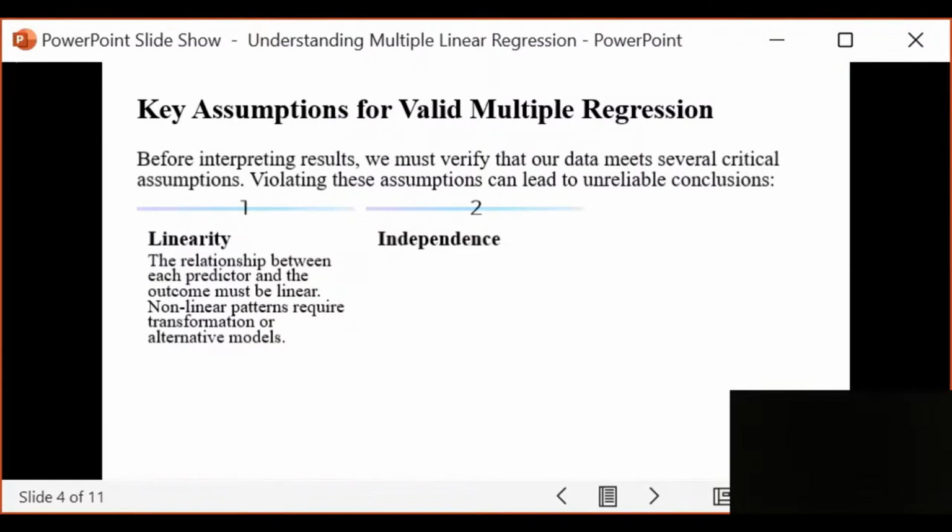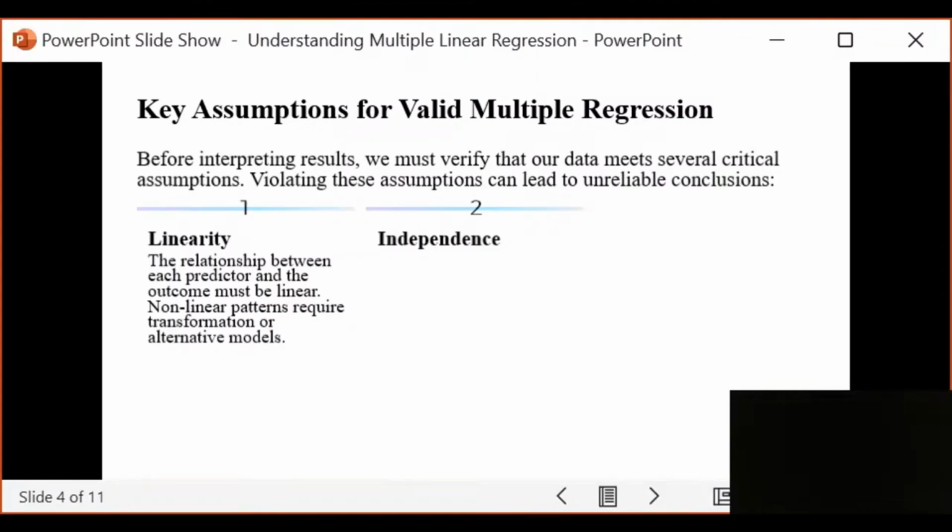If one error influences the next, your results can be biased. And again, to check independence, you can use SPSS. In fact, all of the assumptions can be checked in SPSS.